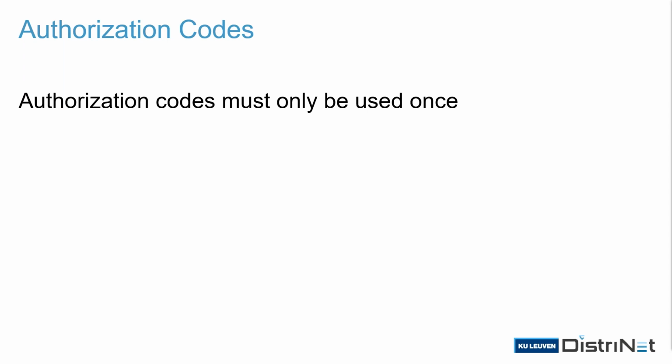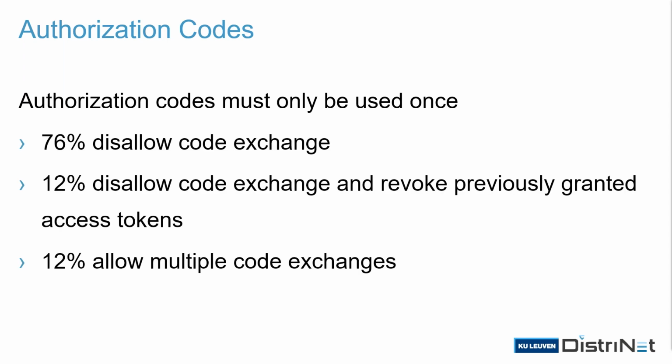In addition, since we don't know whether the first exchange was performed by the attacker or a legitimate client, tokens granted during the first exchange should also be revoked. The majority of sites indeed do not allow multiple exchanges, with 12% also revoking previously granted access tokens, but still 12% of sites allowed a single authorization code to be exchanged multiple times.